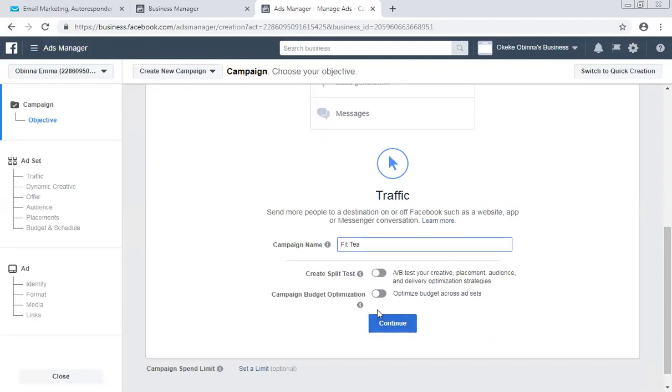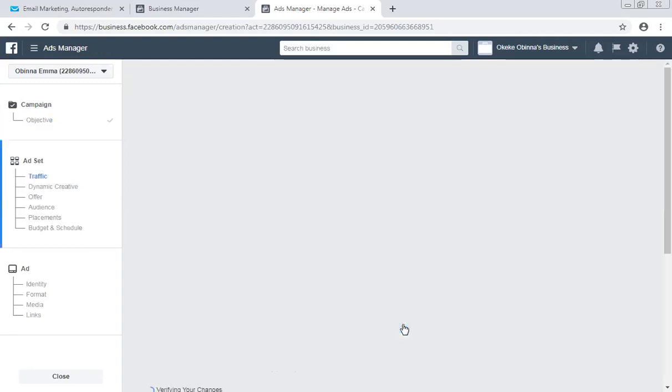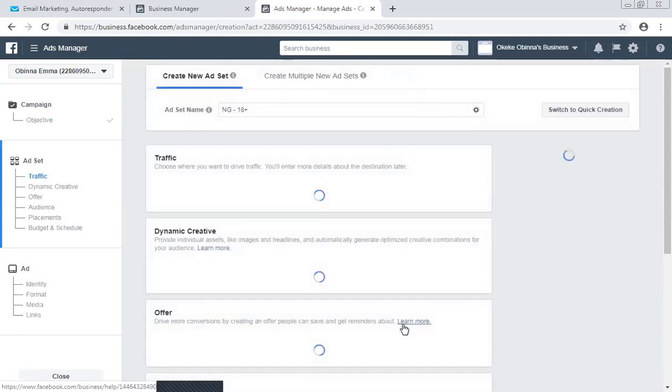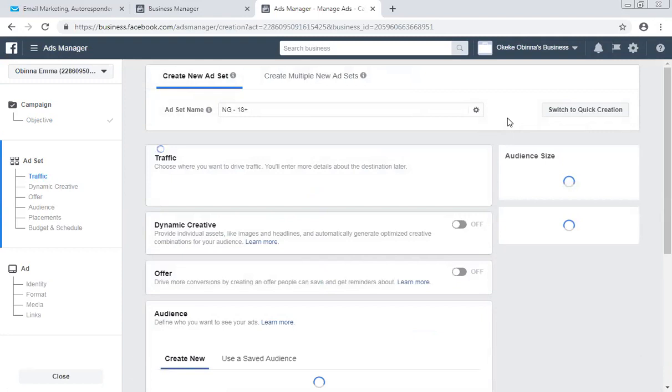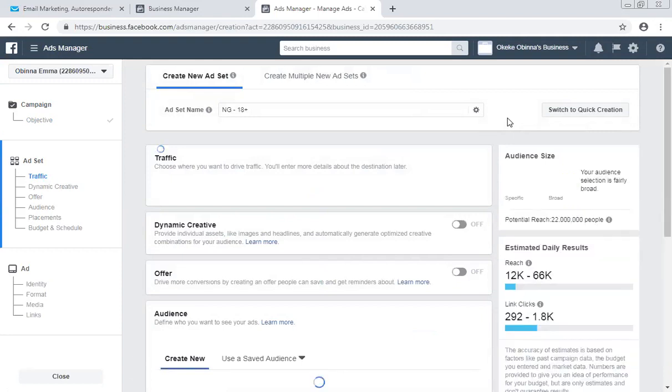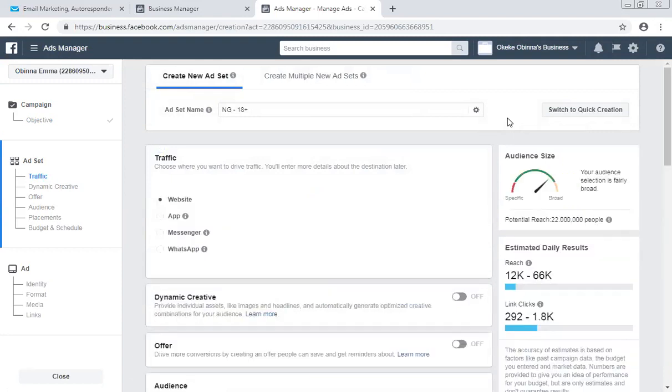Now you can see here I have continue because this is actually one of my active ad accounts. I've already set it up. I have my payment card, payment details, and every other thing, unlike the other one. So you click on continue. And if you can remember, in one of the videos, I've shown you how you can create your payment system on your Facebook business account.